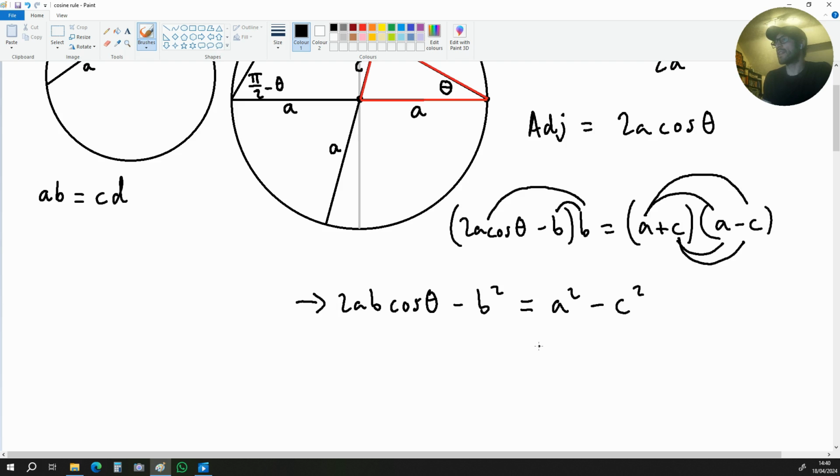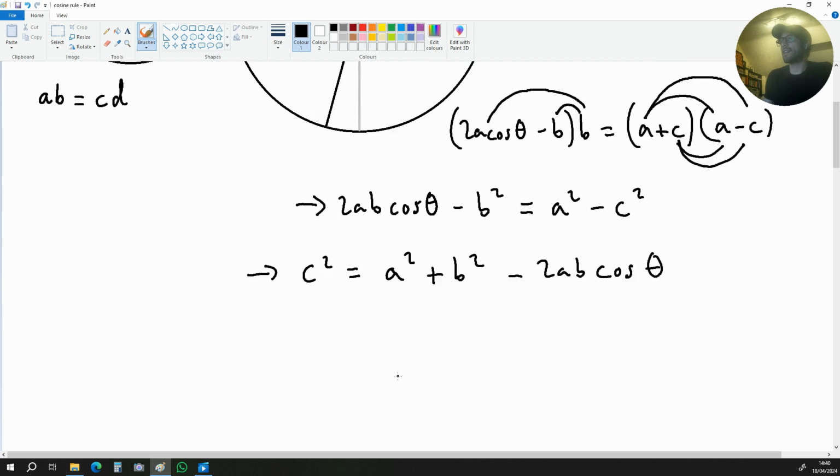Now let's rearrange once again. We're going to send C squared to the other side of the equation, and we're going to send 2AB cos theta and minus B squared to the right-hand side of this equation. That's going to give us C squared is equal to A squared plus B squared minus 2AB cos theta.